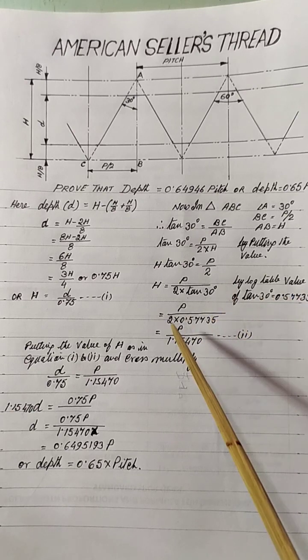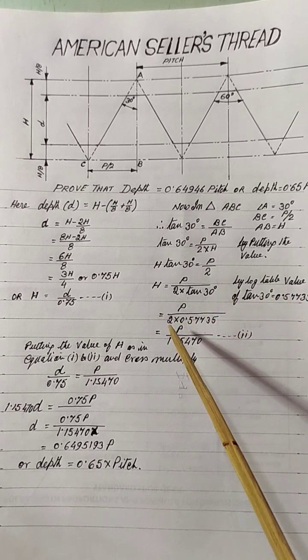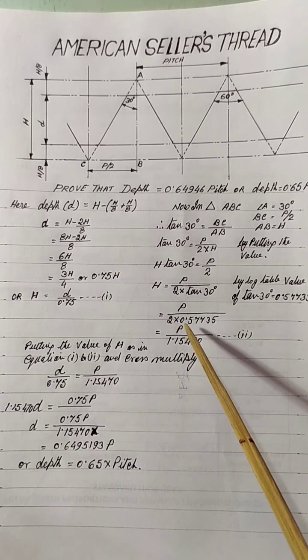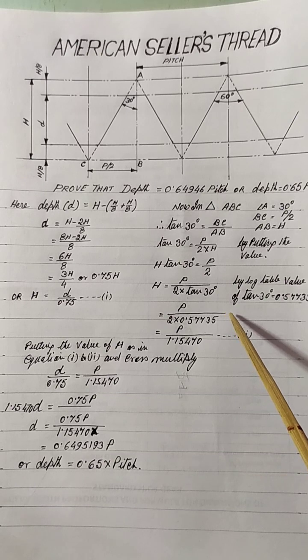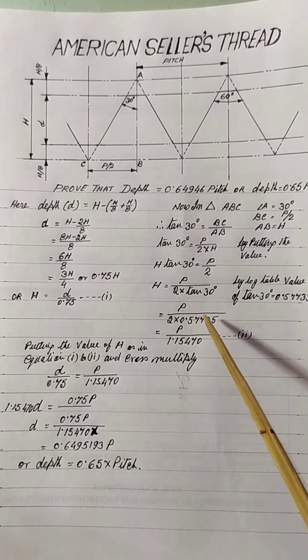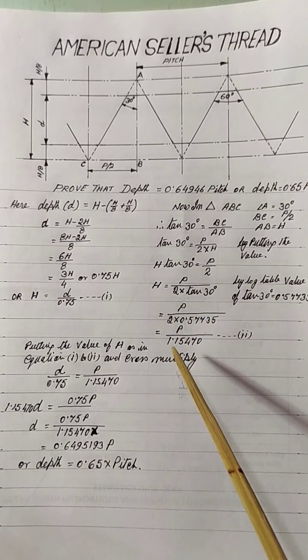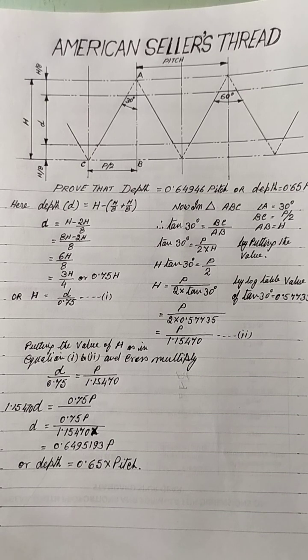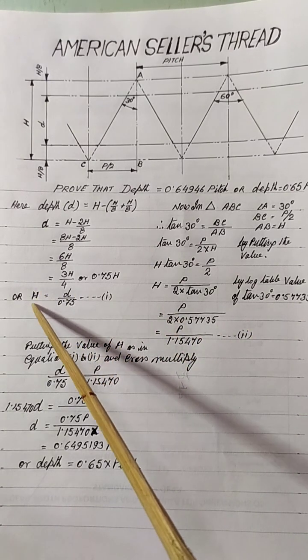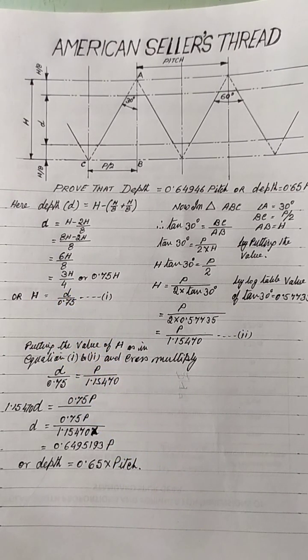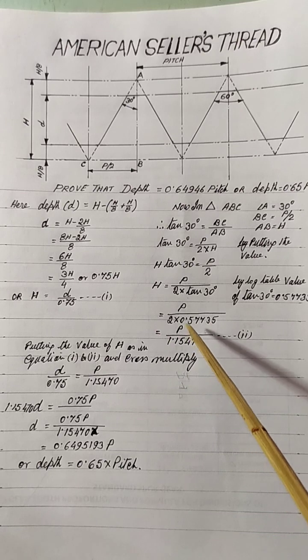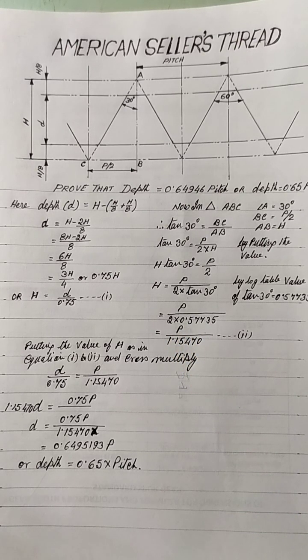Putting the value, P by 2 into 0.57735, accordingly we multiply it, P by 1.1547. This is another equation. By putting the value of H, D by 0.75, and here H is equal to P by 1.1547.